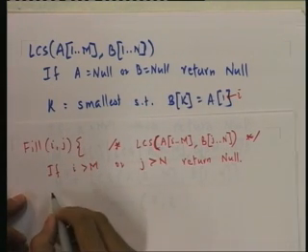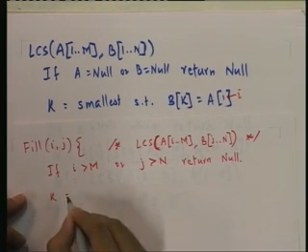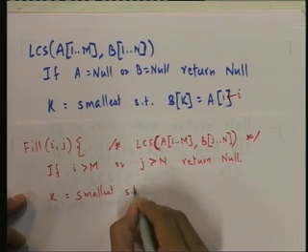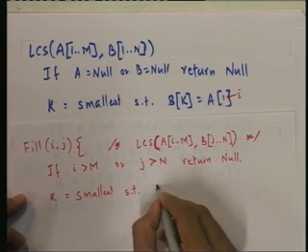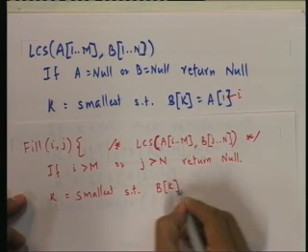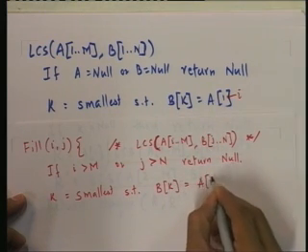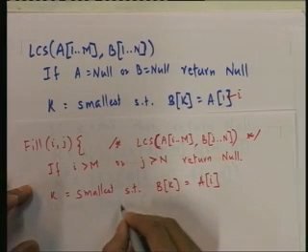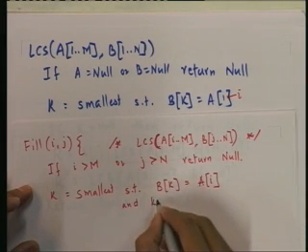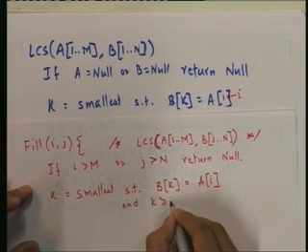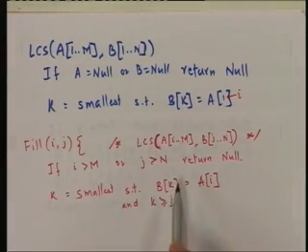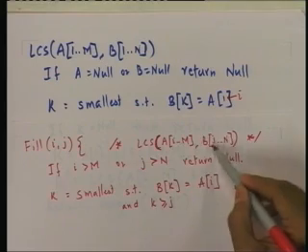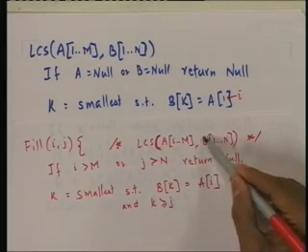So, our corresponding step over here is going to be k equals smallest such that b of k equals a of i. Okay. And of course, k is greater than or equal to j. Why this? Because we want a search to happen starting from j within the string. We do not want the search to go before b.